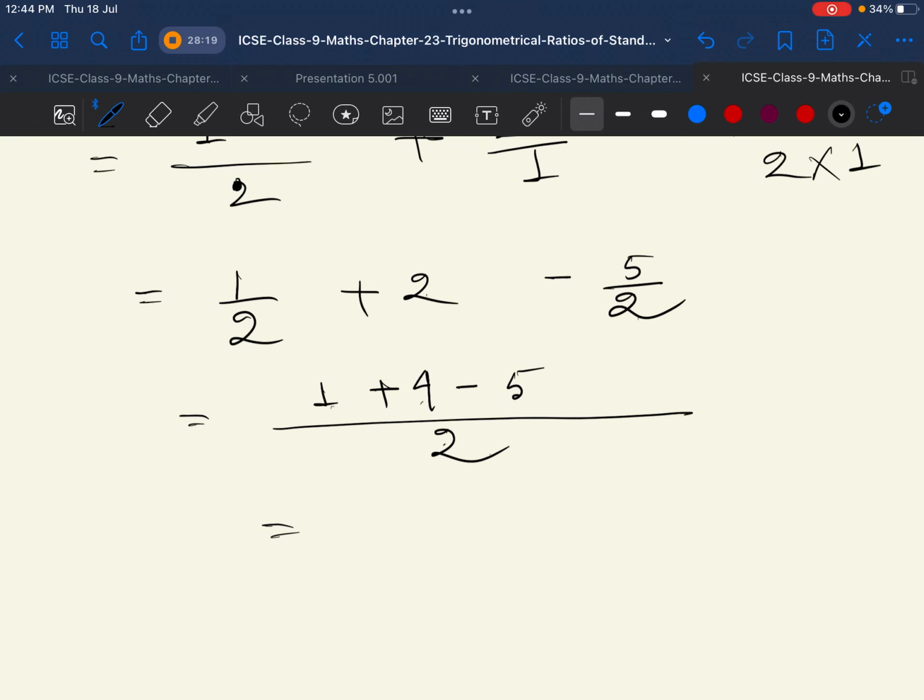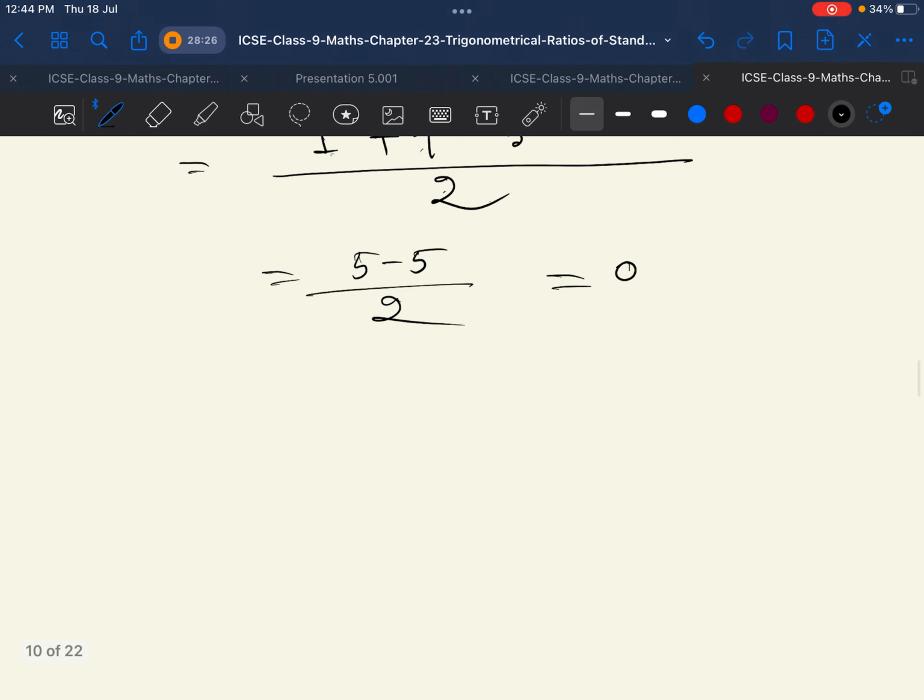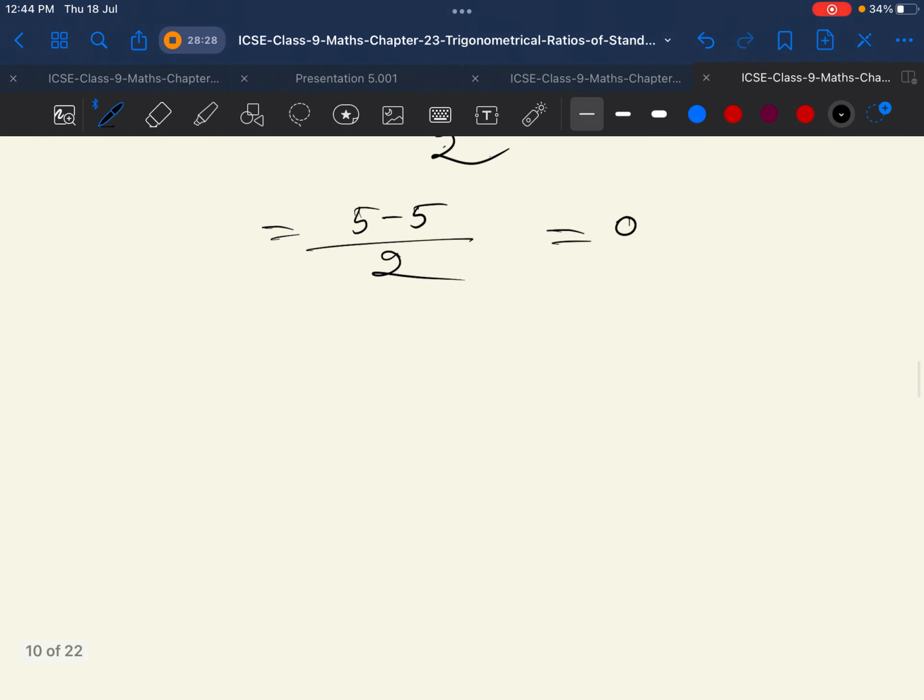So this 4 plus 1 is 5 minus 5 by 2. This will be 0. 5 minus 5 is 0.